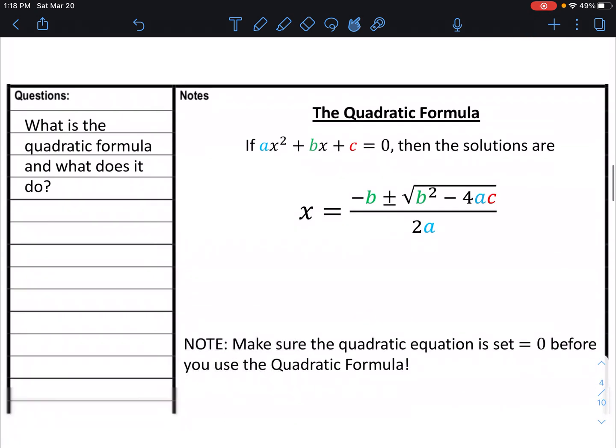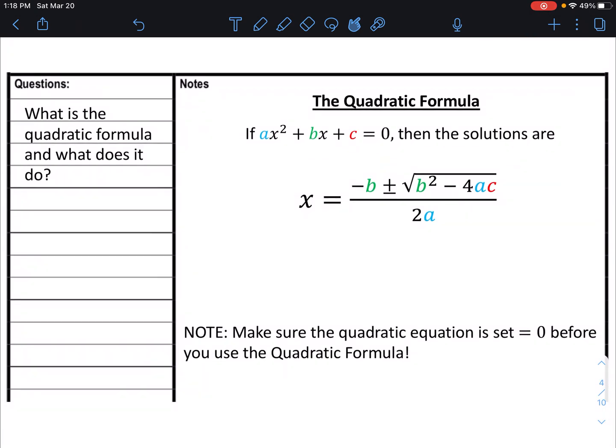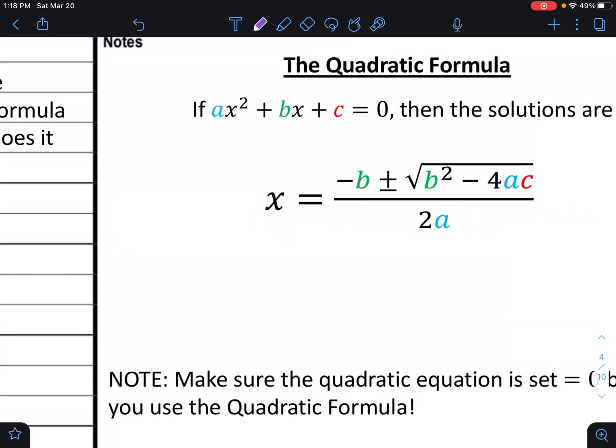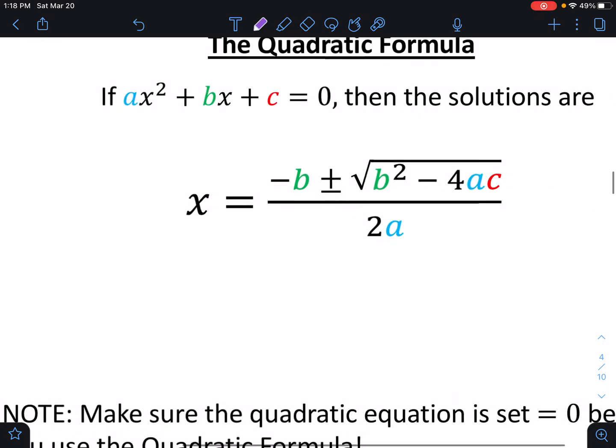Now, the quadratic formula, if you remember, if you have your quadratic function and it's set equal to 0, that's important, it's got to be set equal to 0 first, then the solutions are right here. This is your quadratic formula. It is x equals opposite of b, opposite. So you're going to change the sign.